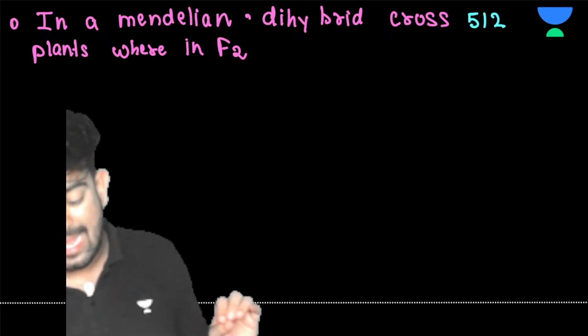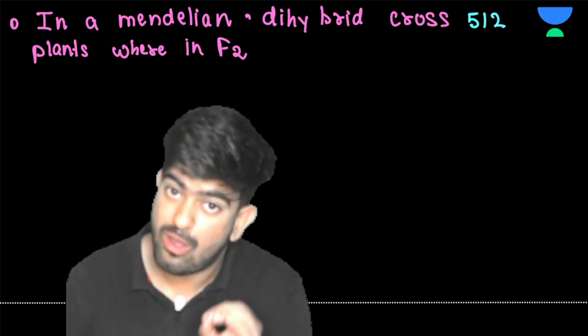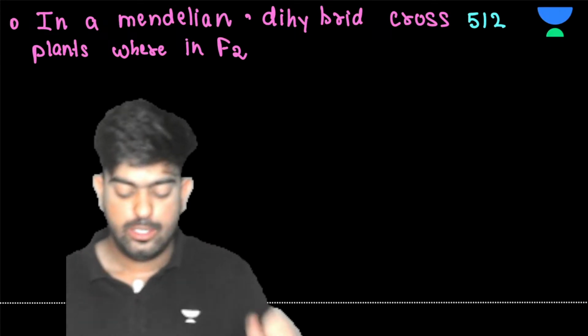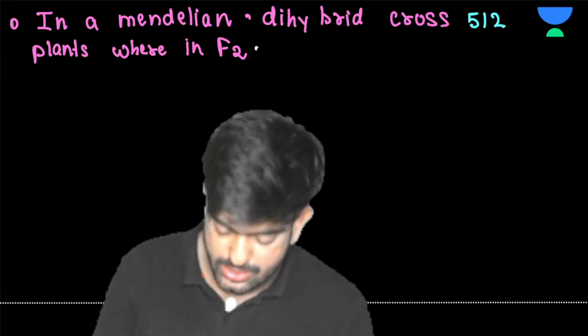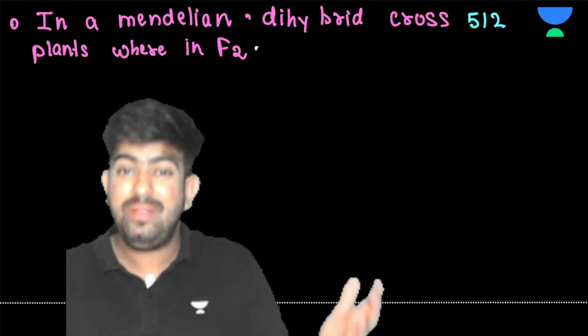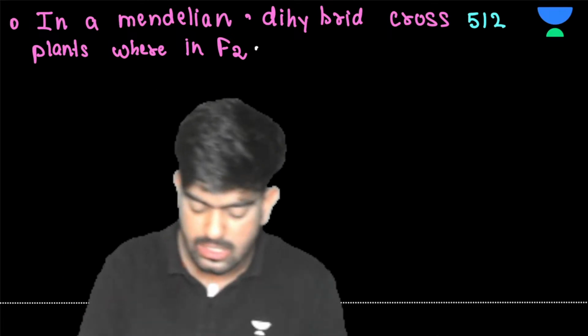Now, how many of them show the dominant phenotype for both the characters?